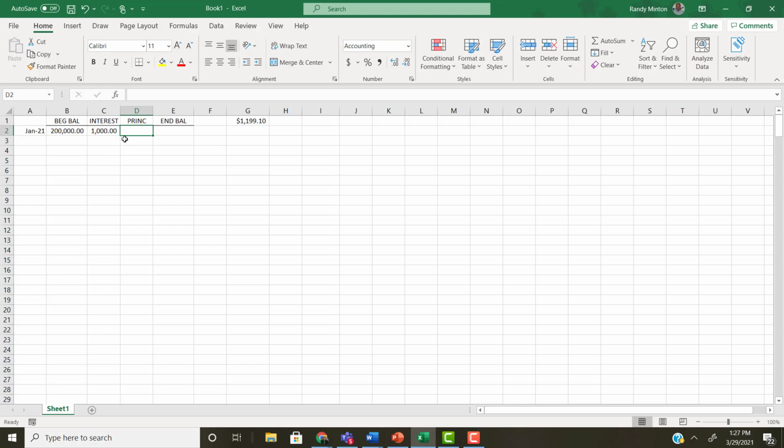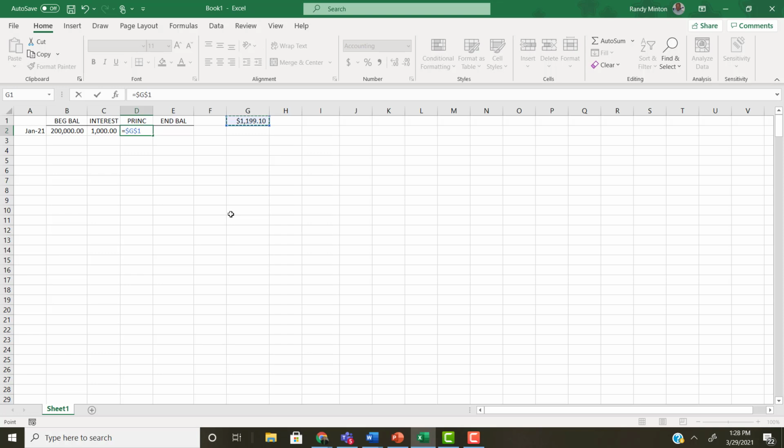So your principal payment then is going to be equal to your total payment, and I'm going to make that an absolute. The way you do that in Excel is by the function plus F4 or F4, depending on how yours shows up. Mine shows up as an FN down at the bottom, and then you have to hit the F4 at the top after you've indicated it's a function.